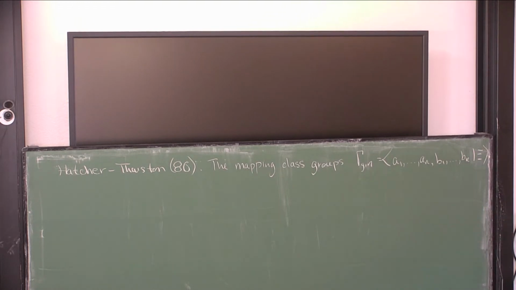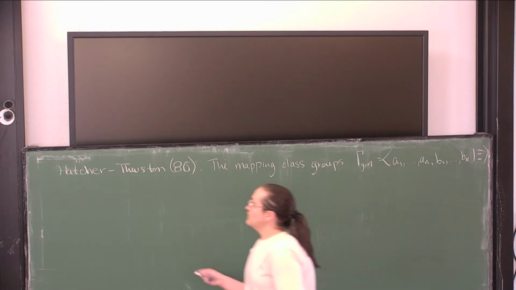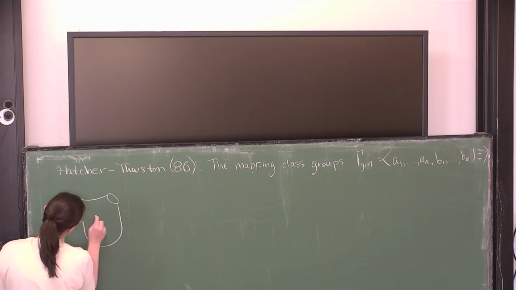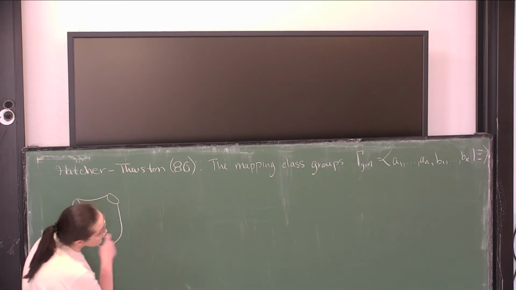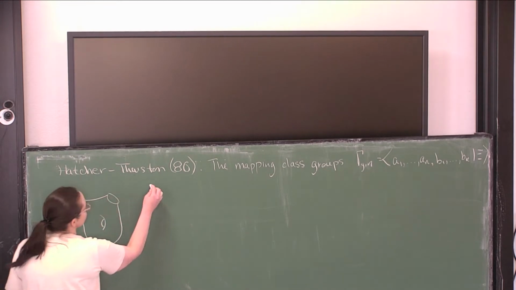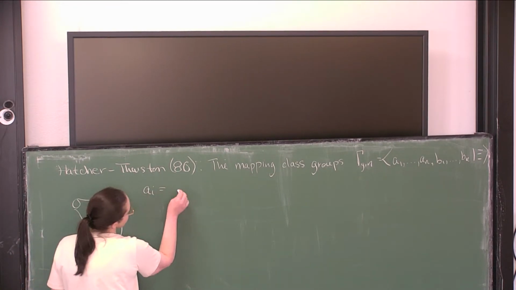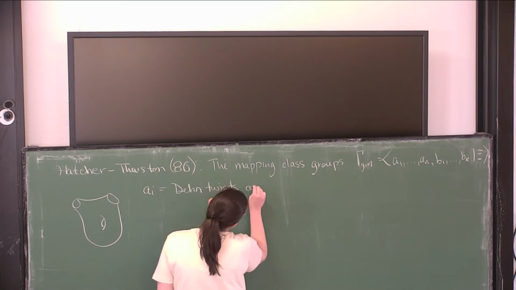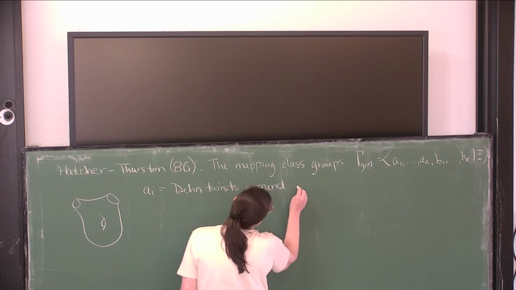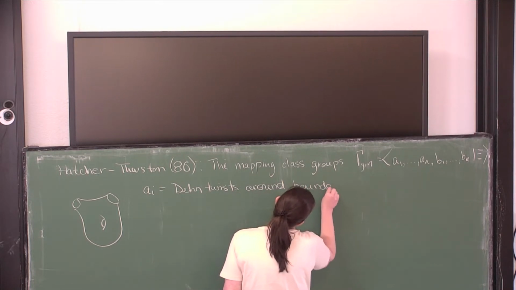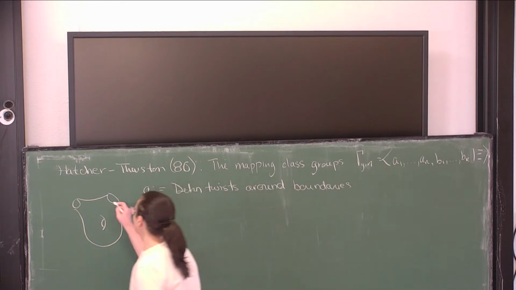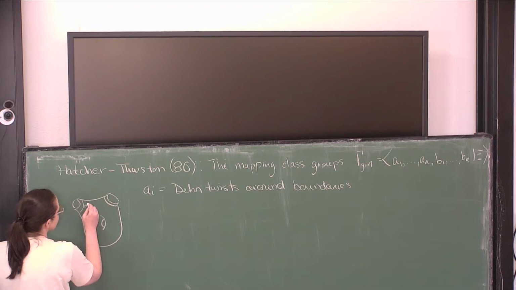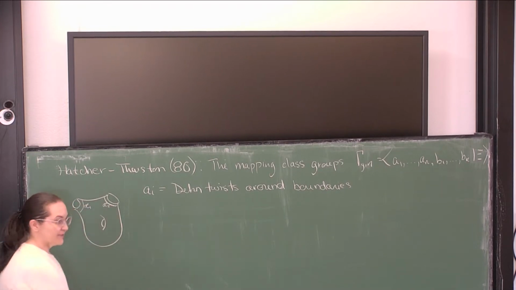And I'm just going to put dashes for relations here. Here the a_i are Dehn twists around the boundaries. A full twist around, say, alpha 1 and alpha 2 curves here.